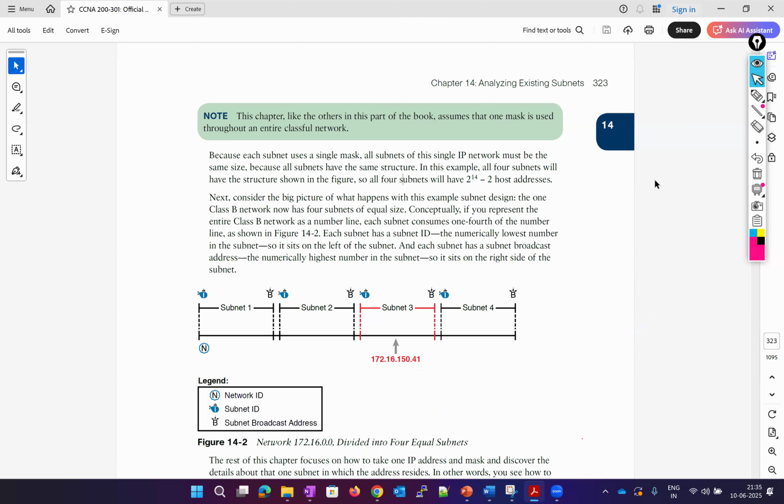All right. Now, let's try to solve a few more questions using this same method.